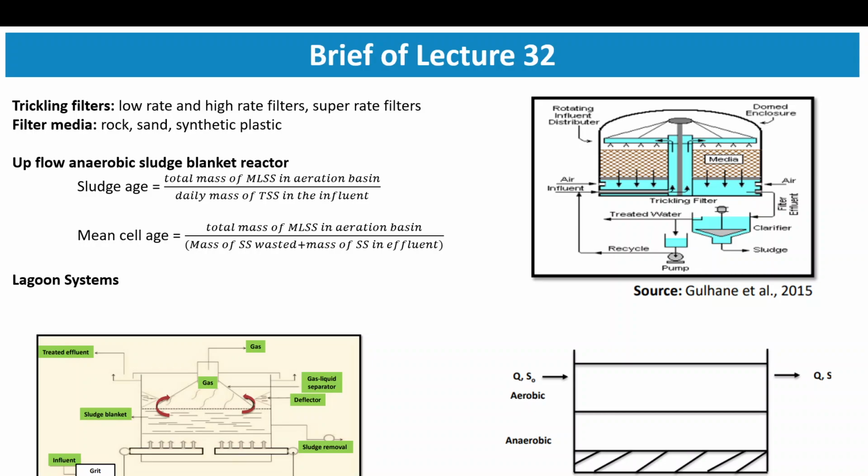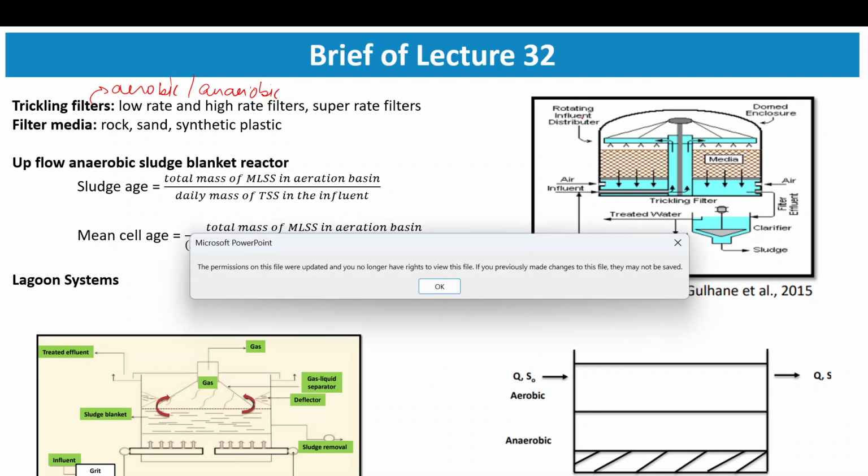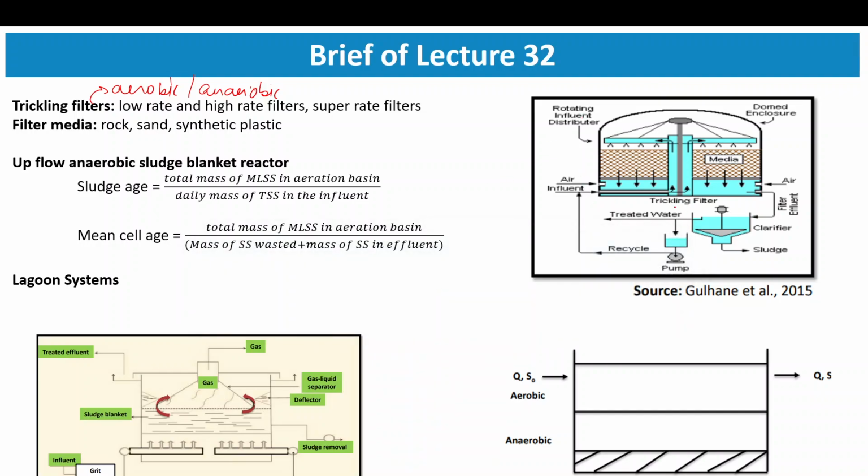Now moving to the next lecture, another type of conventional treatment is trickling filters. So trickling filter can be both aerobic and anaerobic. So far, the activated sludge process was maintained aerobic in condition, while trickling filter can be aerobic or anaerobic. So, this is the image for trickling filter.